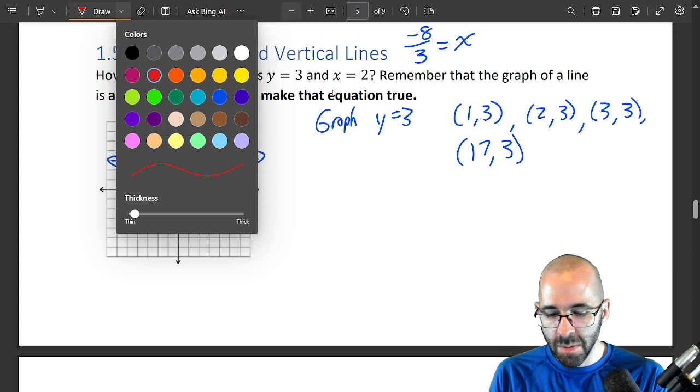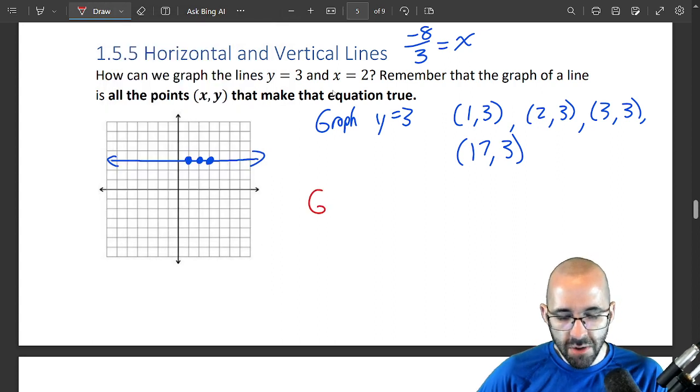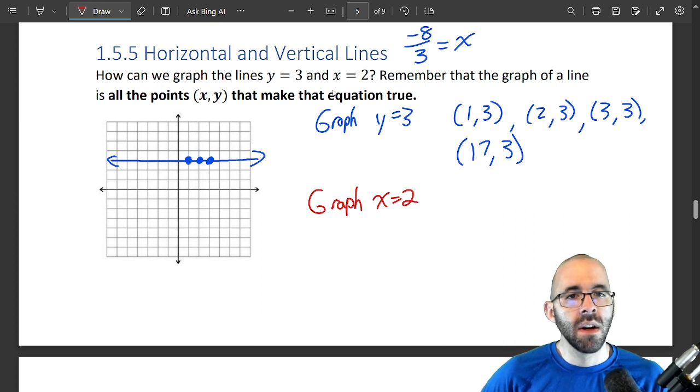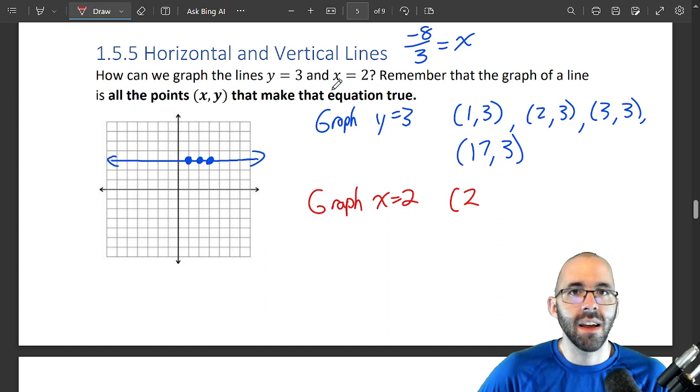The other one is a little weird, but it's the same idea. If we want to graph x equals 2, well, a graph is just all the points that make this equation true. Y doesn't matter. Y can be anything.